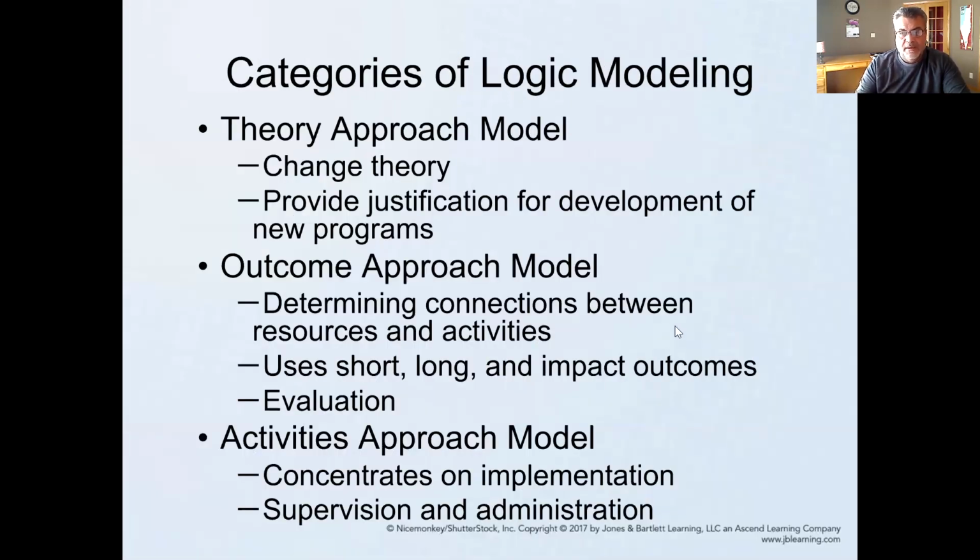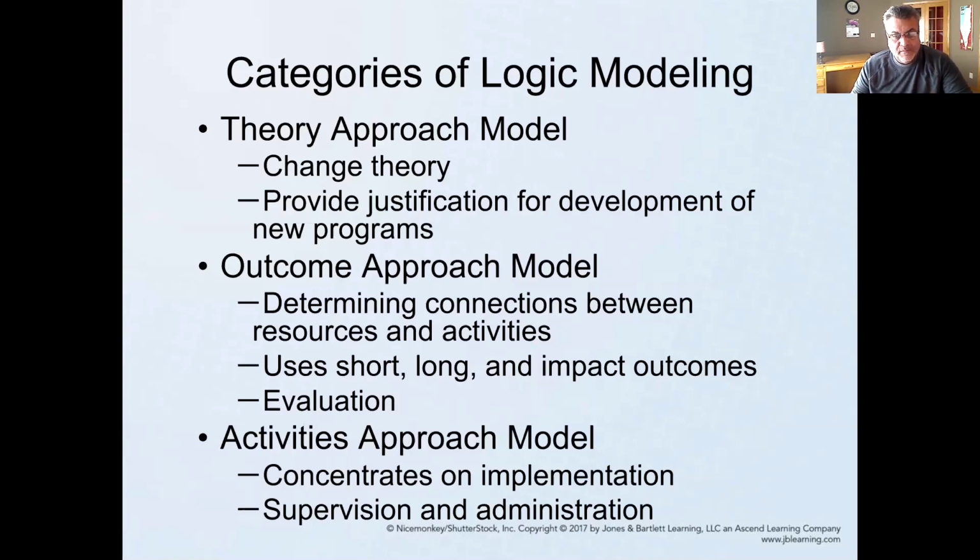These are some of the logic modeling that I was talking about. As I said, don't get hung up on those, but there are some different categories. First of all is the theory approach model, which is based in theory or change theory, and it gives you a justification for the development of a new program. You explain the reasoning behind it. For example, the outcome approach focuses on what the outcomes are, and it determines the connection between resources and activities.